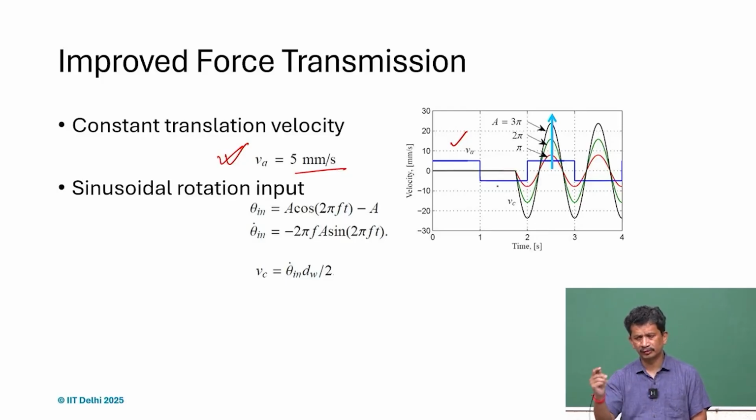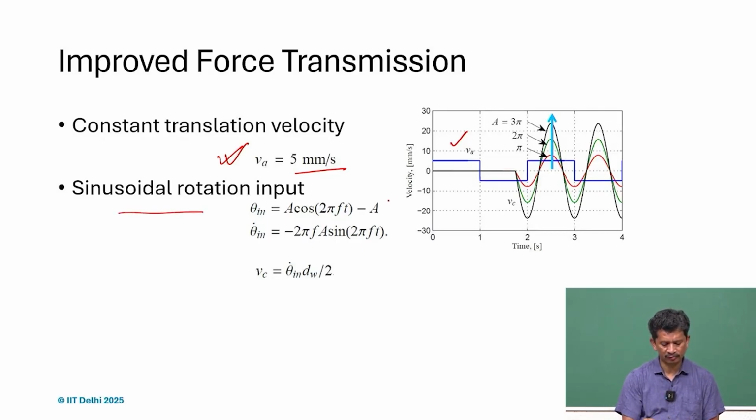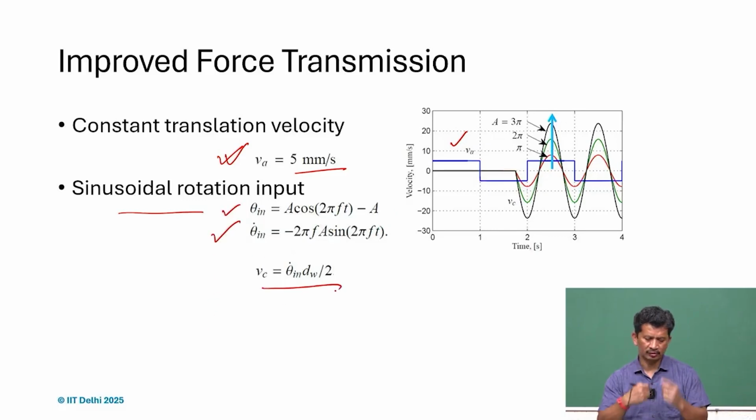Then we added the sinusoidal rotation motion, with theta dot, and we can get Vc also, the combined motion, and then we superimpose. So these are the velocity inputs: Va, and this is corresponding to Vc, the circumferential velocity.